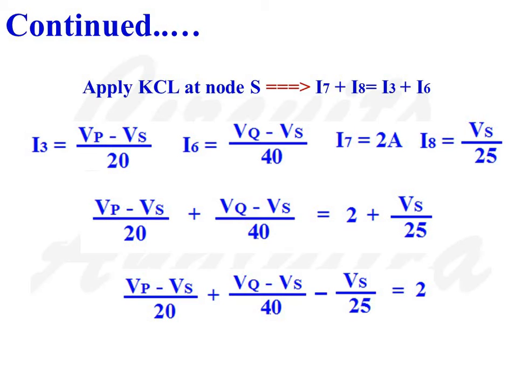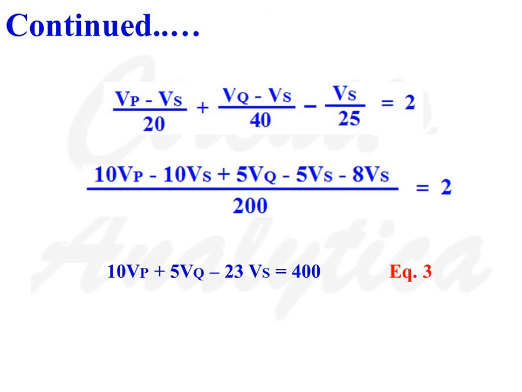Rearranging the terms, we can write (Vp minus Vs) divided by 20 plus (Vq minus Vs) divided by 40 minus Vs by 25 is equal to 2. So taking LCM as 200, (10Vp minus 10Vs plus 5Vq minus 5Vs minus 8Vs) divided by 200 is equal to 2.